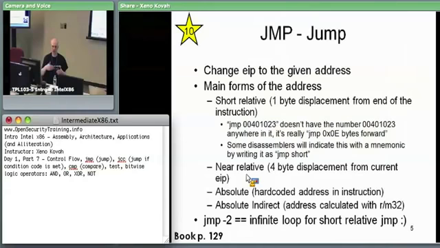So you're still doing it relative, and they're calling it near rather than short because it's 4 bytes rather than 1 byte. But it's, again, just the same thing. You take the address of the next instruction plus this relative offset, and that's where you want to go next. And then finally, there's absolute, which is, like I said before for call, just a hard-coded value that says I want to go to this hard-coded address.